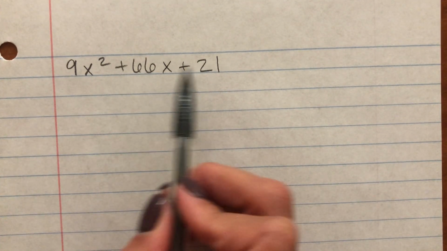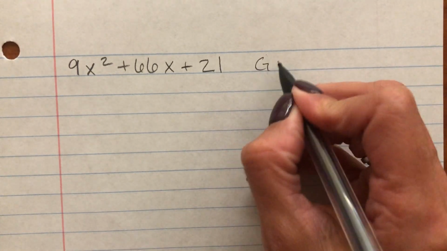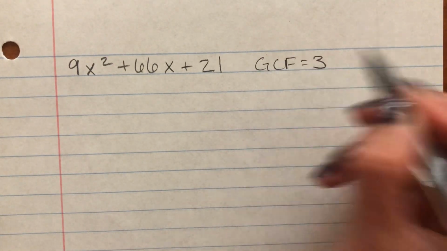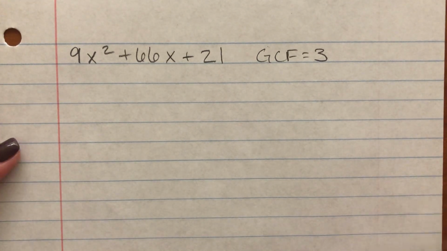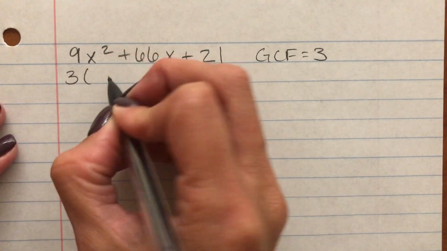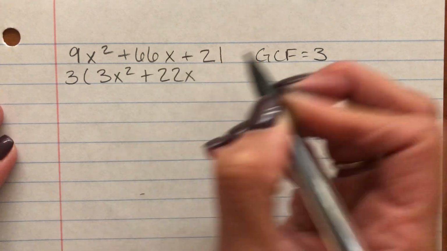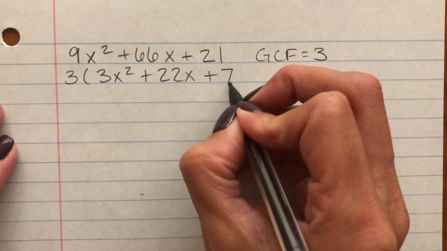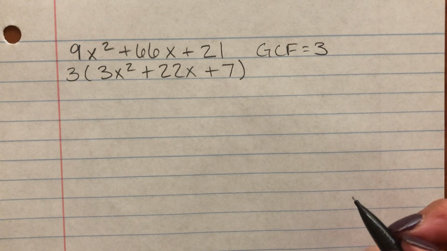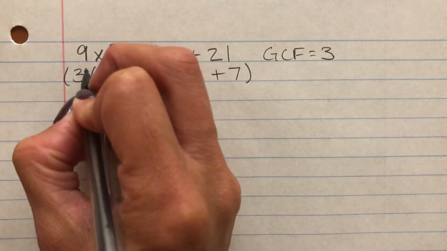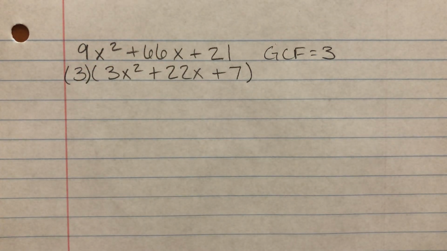So 3 can divide into all of these numbers evenly. So I'm going to start by factoring out a 3. So divide each term by 3. Okay, and I'm going to put this 3 as its own group to remind me that that's my GCF.